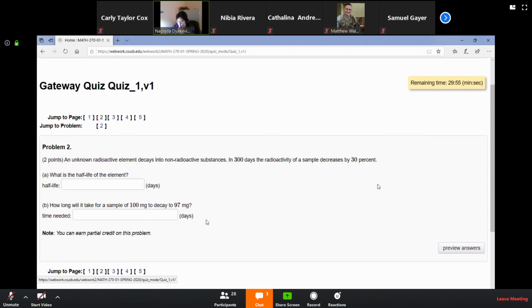And we will have to substitute, again, lambda. And then T sub 1/2 would be, oh, I'm sorry, not that one. We just put T here, right? We need to find the time needed. So let me clear this. I'm just going to call it T. So this is T. Let's solve for T. I'm going to divide both sides by 100.